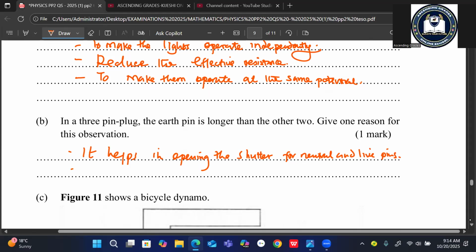And number 2, it secures a device circuit. Because in case we have something in excess, it will first go through the earth pin.